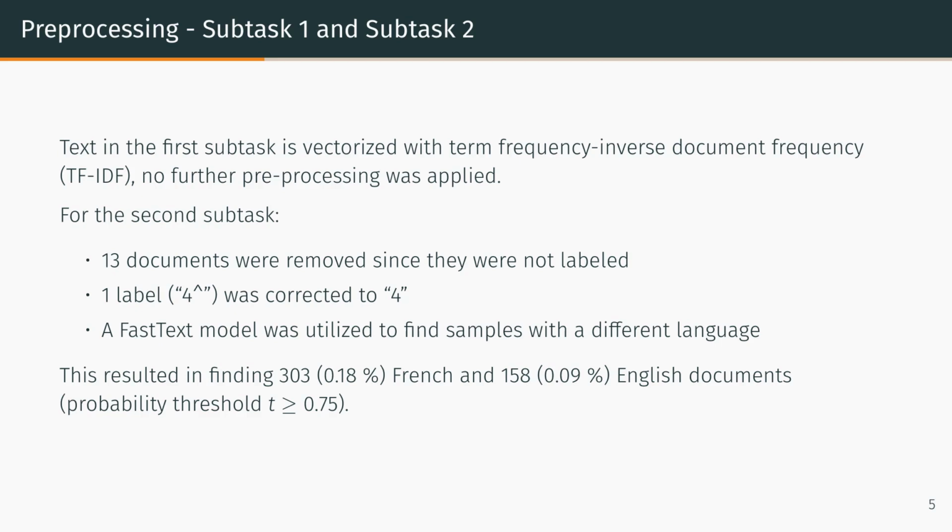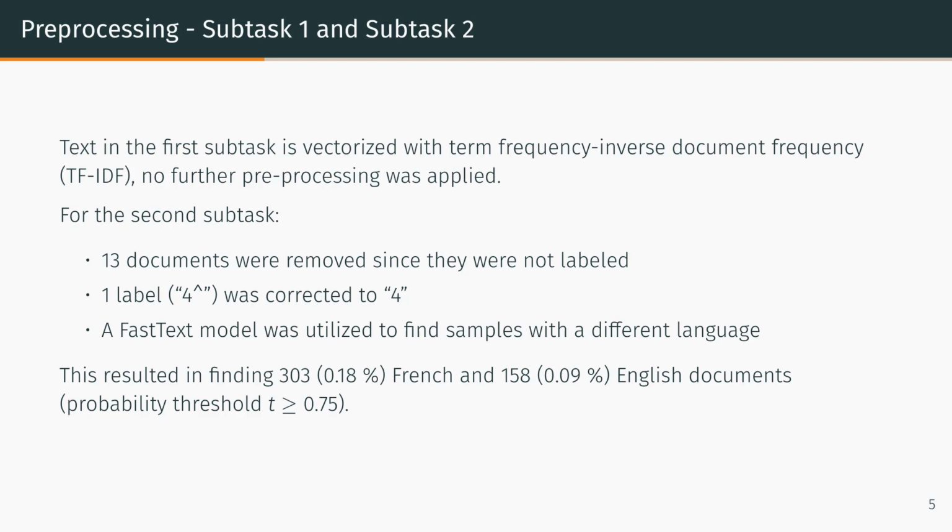And when we explored the data, we found that some samples were in French or in English. To find out how many documents are affected by this, we used a fastText model to detect different languages.